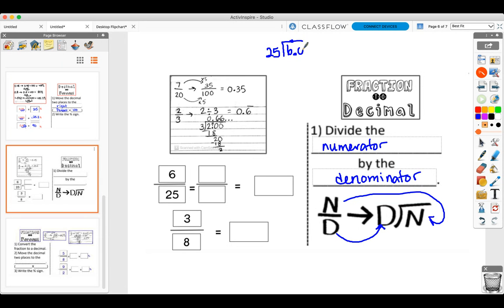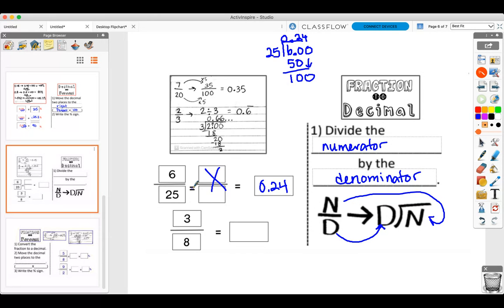And then we add a 0 here. 25 goes into 60 2 times. 2 times 25 is 50. 1, 0. And then you add another 0 and bring that down. 25 goes into 100 4 times. So your decimal is going to be 0.24. You don't really need this because you can't simplify. And if you can ever simplify, then simplify. Maybe it makes it easier.